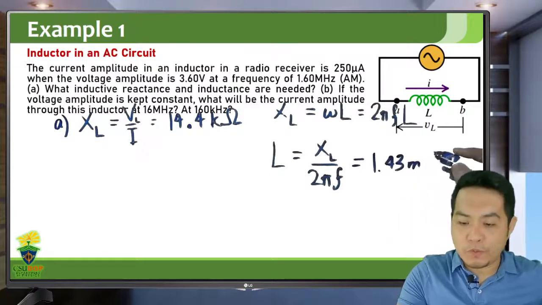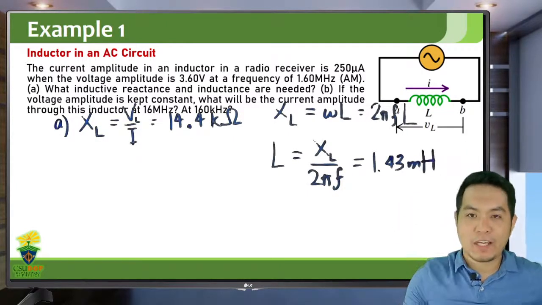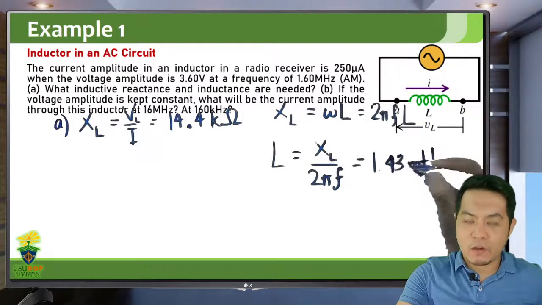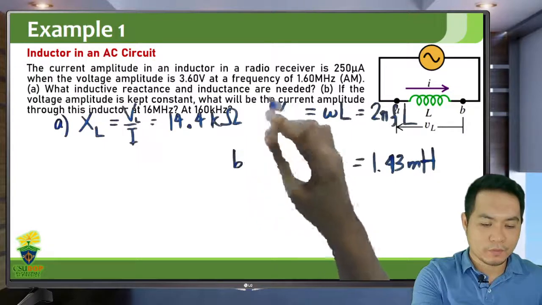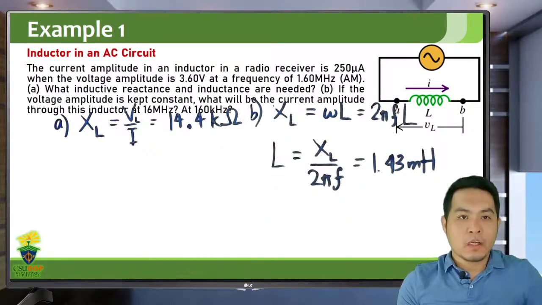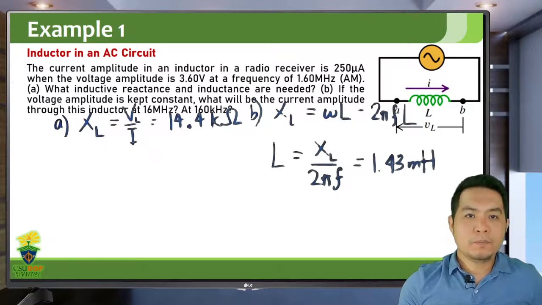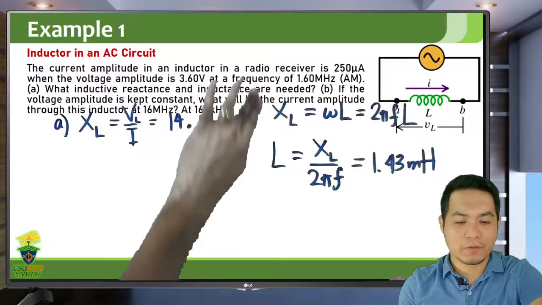The standard unit for inductance is Henry, so 1.43 milli Henry. So this is still for letter A: the inductive reactance and the inductance.